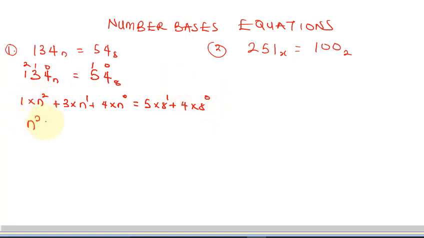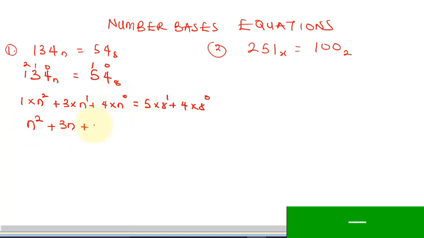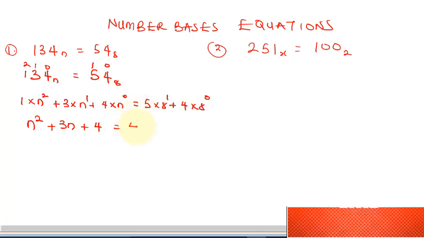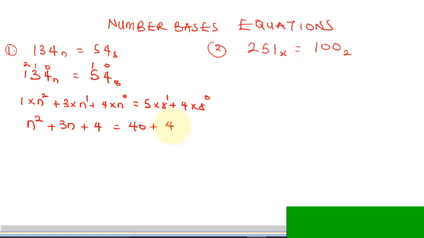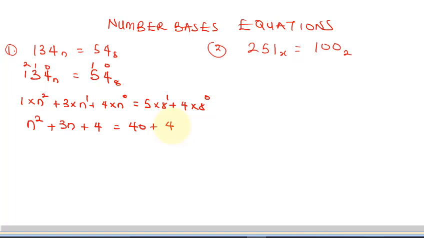So this is going to be n squared plus 3n plus n to the power 0, which gives us 1, times 4, equal to 5 times 8, which is 40, plus 4 times 8 to the power 0, which gives us plus 4. From here, you can see this takes us to a quadratic equation: n squared plus 3n plus 4 equals 44. When you collect like terms, 44 coming over becomes minus 44, so n squared plus 3n plus 4 minus 44 equals 0.